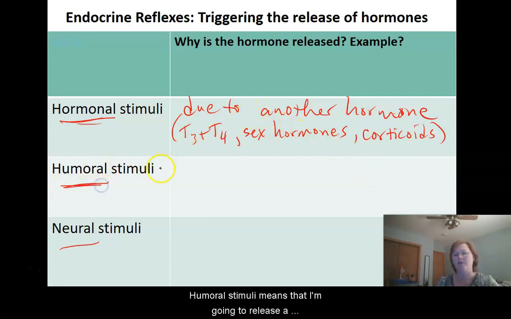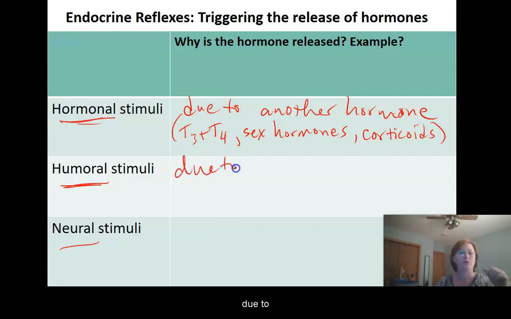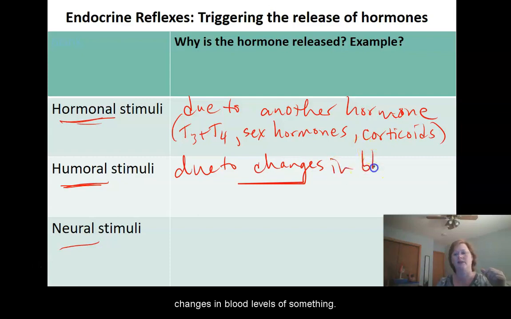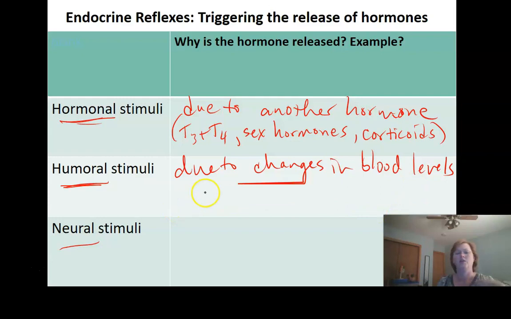Humoral stimuli means that I'm going to release a particular hormone due to changes in blood levels of something. So what are some things that might cause a hormone to be released due to changes in the blood? Well, I might release renin due to changes in blood pressure.